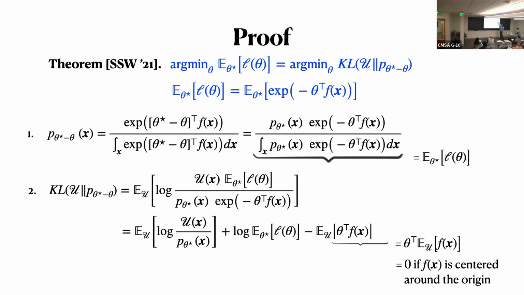Okay, so here's a simple proof. Again, we're going to argue that. Let's just remind ourselves, this is the left-hand side. Now let's look at the right-hand side, in particular this one. What is this? This is the same as before. Instead of theta, now it's theta star minus theta.